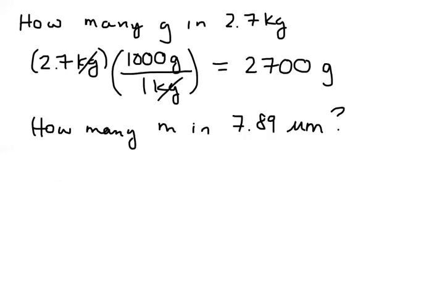Your exponent should be negative when you put it into scientific notation. There are 2 ways you can write this. I'm going to start with the way that I prefer. And that's when we start out with 7.89 micrometers. I always like to keep things in terms of positive exponents. So what I do is I put 1 meter on the top. 1 meter is how many micrometers? 10 to the 6.